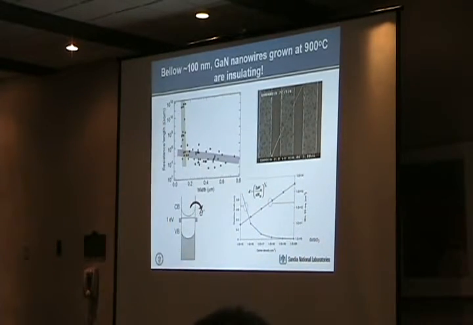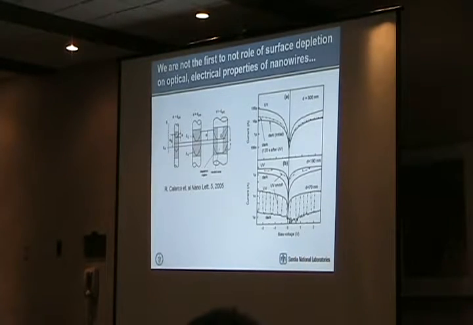And in fact, I'll show you some of our data, but this was already hypothesized just based on the switching speed. When you look at photoconductivity of gallium nitride nanowires, when their diameter is very small, it's very fast.